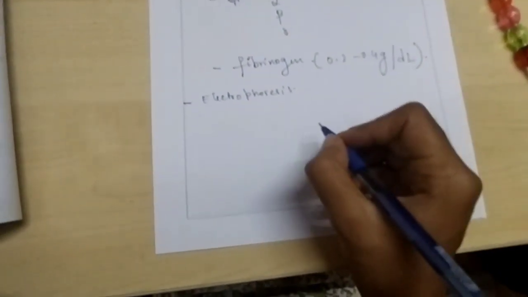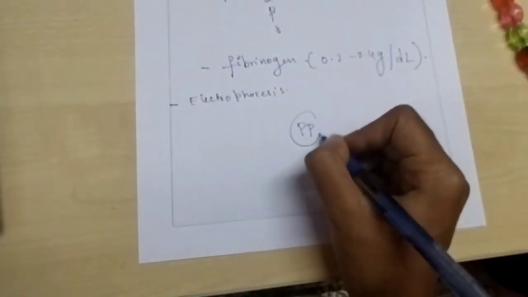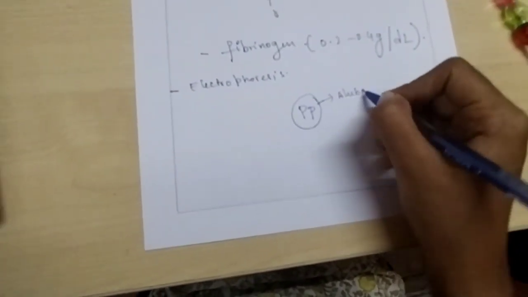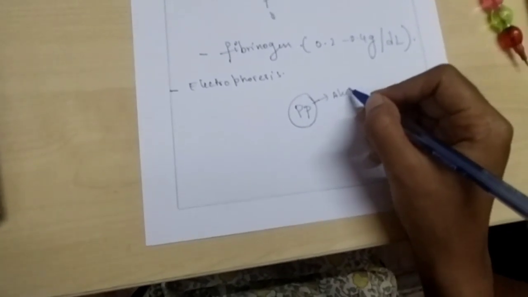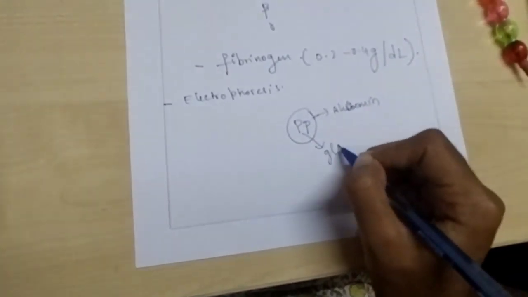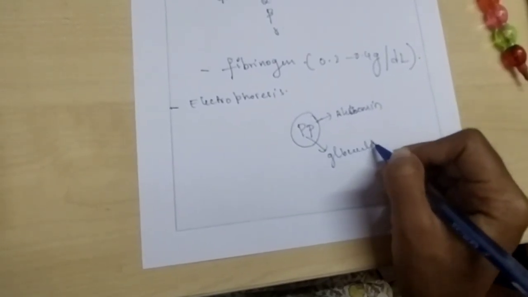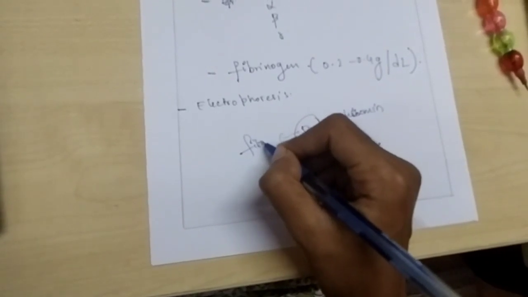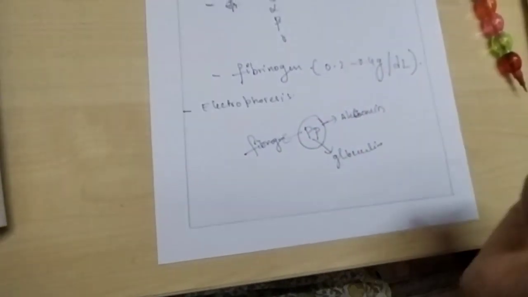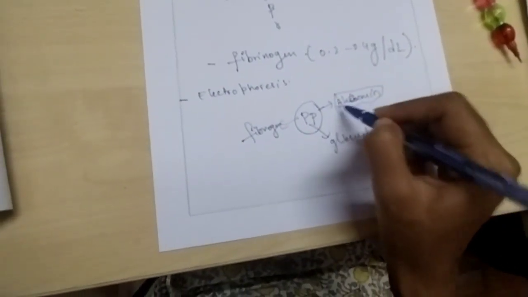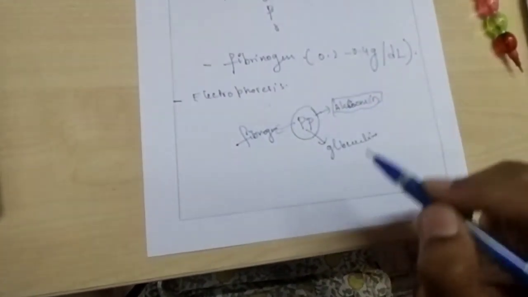In electrophoresis, plasma proteins containing the major proteins like albumin, globulin, and fibrinogen can be taken out individually.